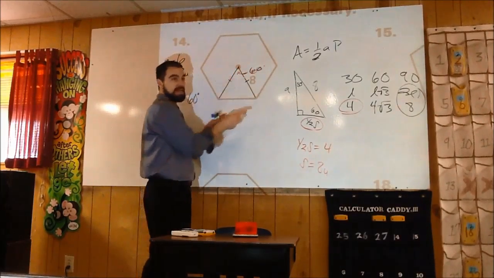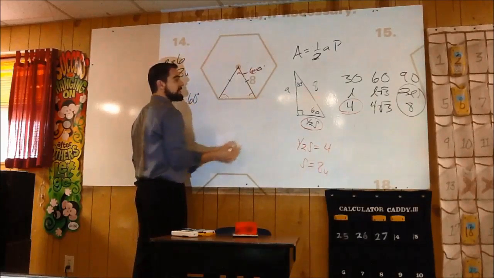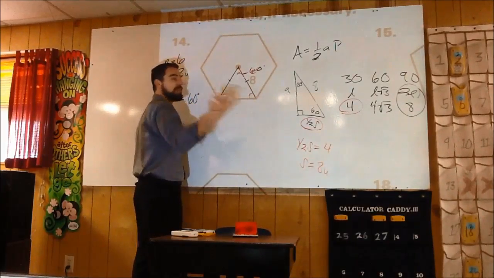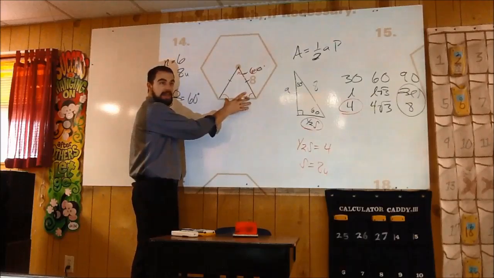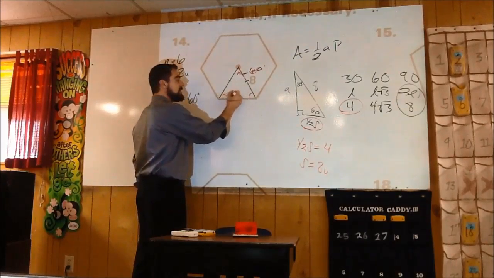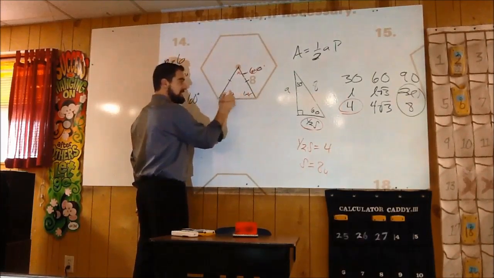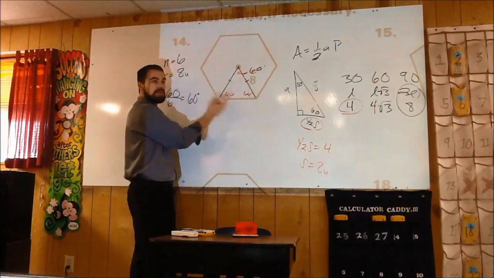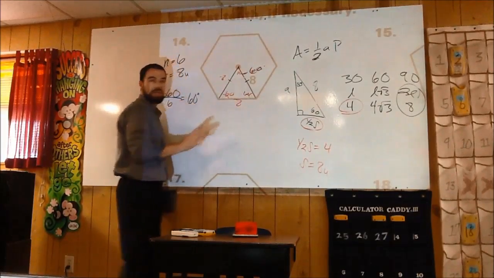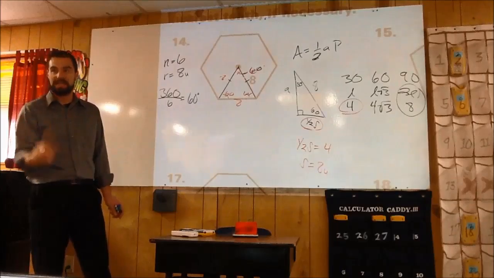Well, because this is an isosceles triangle, its base angles are congruent. So the leftover 120 degrees is being split up evenly between these. So this is an equilateral triangle. It's also equiangular. So it only happens in hexagons where the radius is the side length.